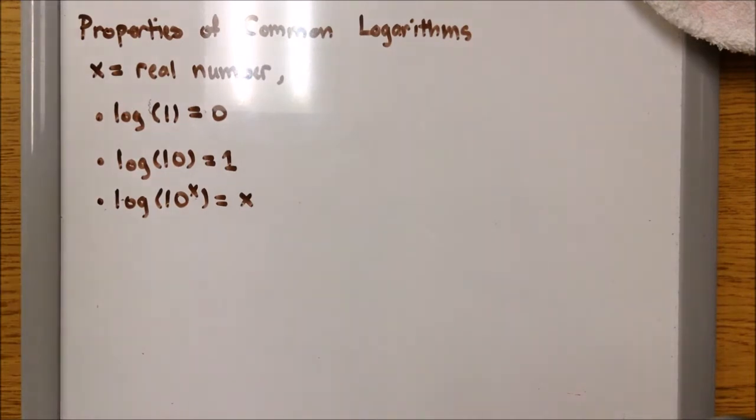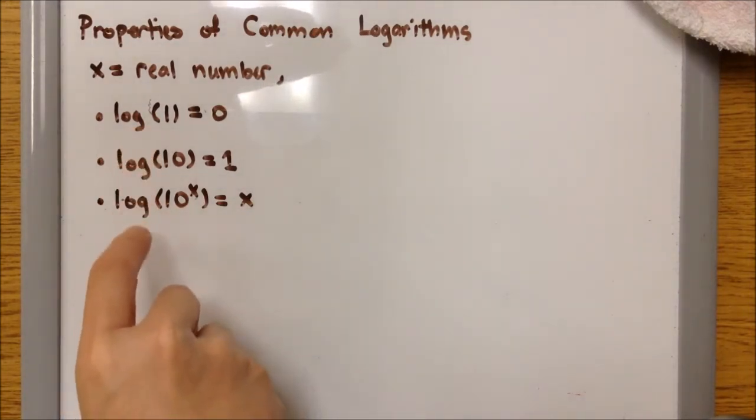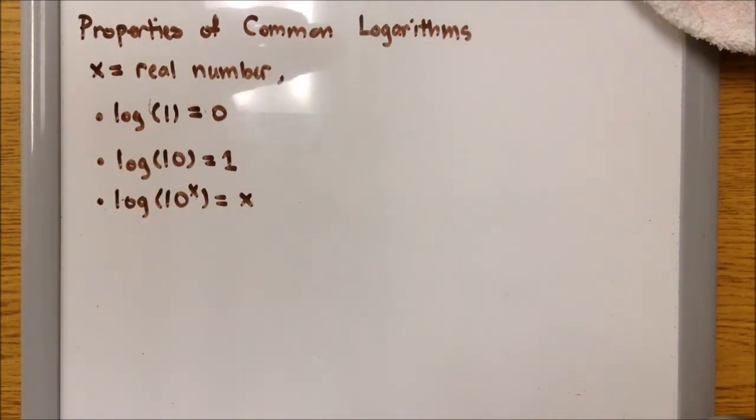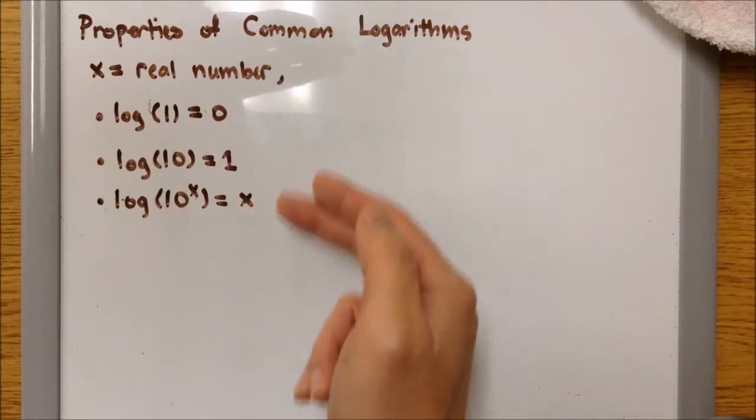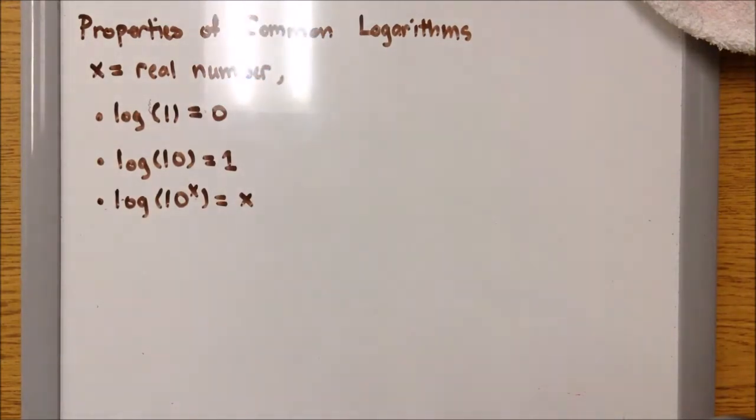Now let's talk about properties of common logarithms. What I mean by common logarithms is that in here we have log with no base. So when x equals a real number, then these properties hold true.